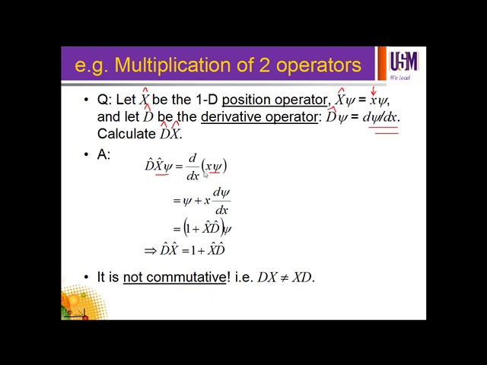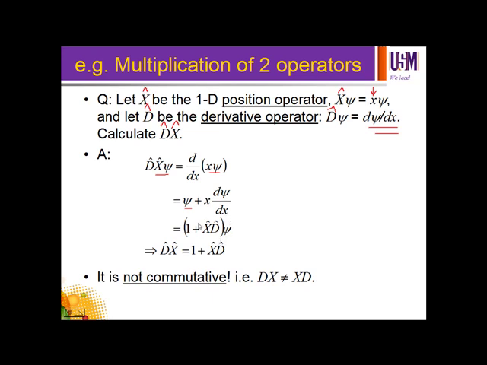So you differentiate x, dx per dx, of course equal to 1. Keep the second, that means 1 multiplied by psi, you have psi here. And you differentiate the second, basically d psi per dx, and keep the first, this is x. That means now you have psi plus x d psi per dx.